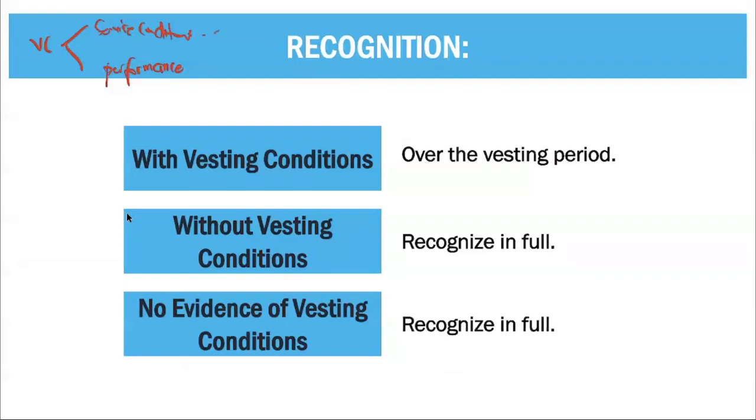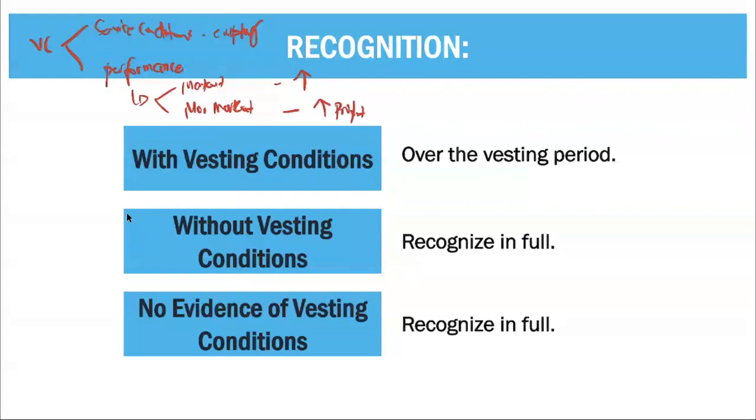Normally, a service condition is remaining in employ, while a performance condition can either be a market or non-market condition. A market condition can be an increase in your share price. For a non-market condition, we have an increase in profit, etc.